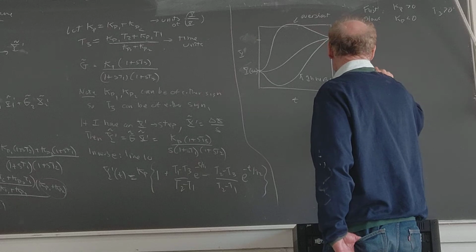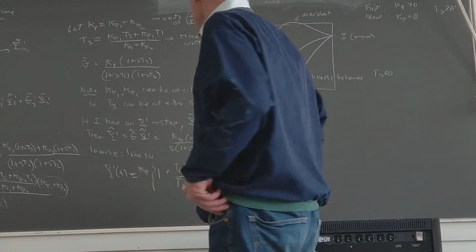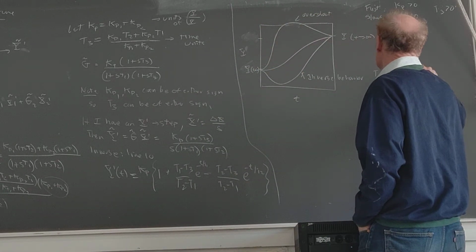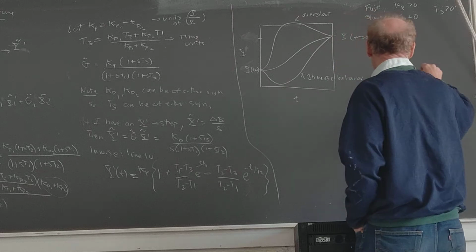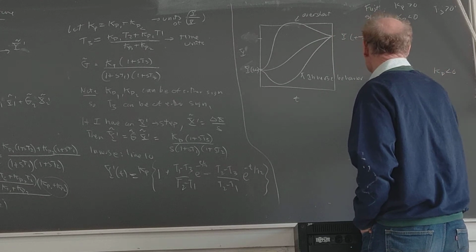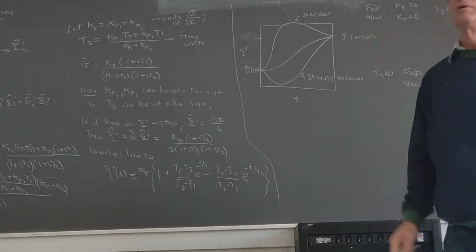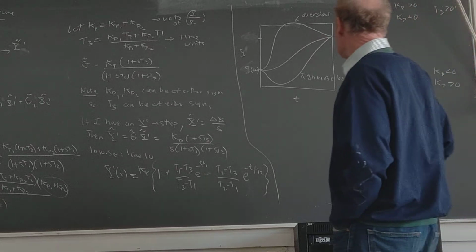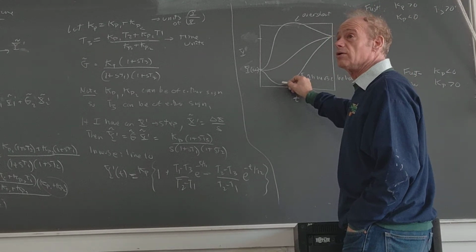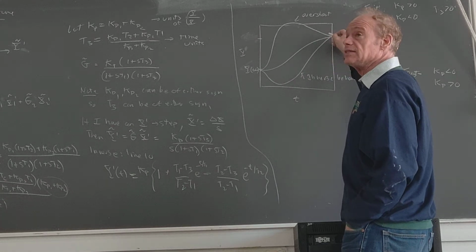And this happens typically when T3 is less than 0. And what's going on here? Here I have a fast process that has kp negative, followed by a slow process with kp positive. So initially, before the slow process kicks in, the fast process has lowered the value of y. And then the slow process comes in and raises it again.